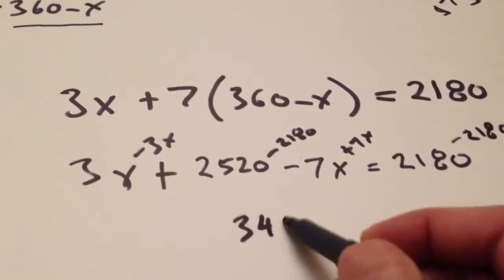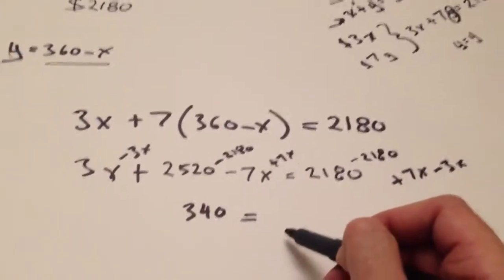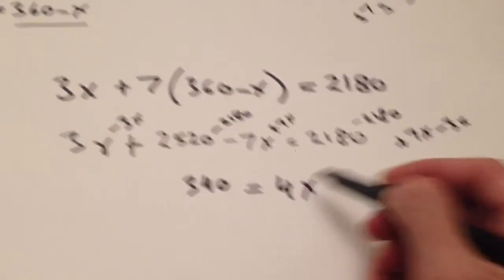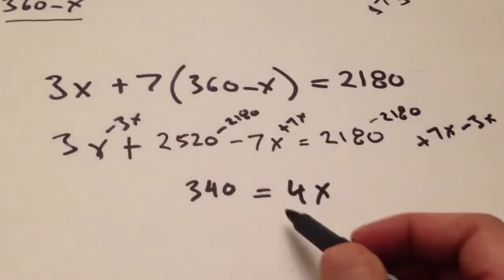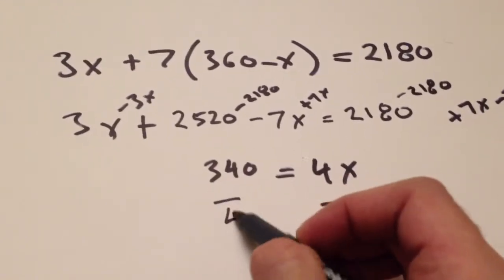So 340 equals 7x minus 3x, which equals 4x. Now we can divide both sides by 4.